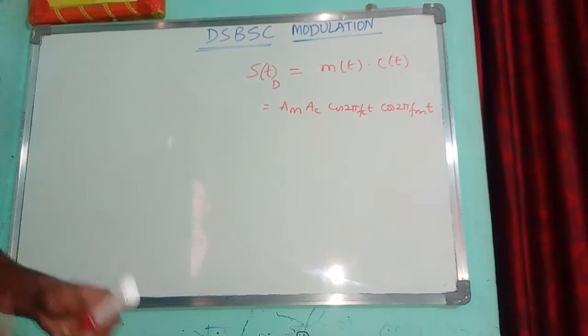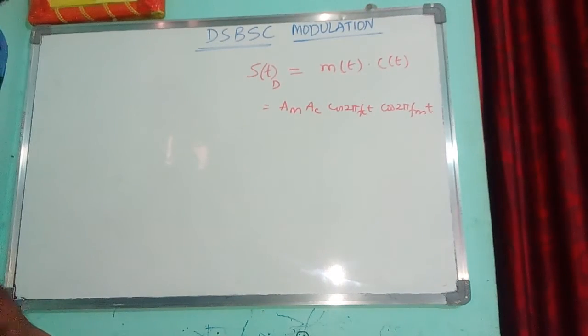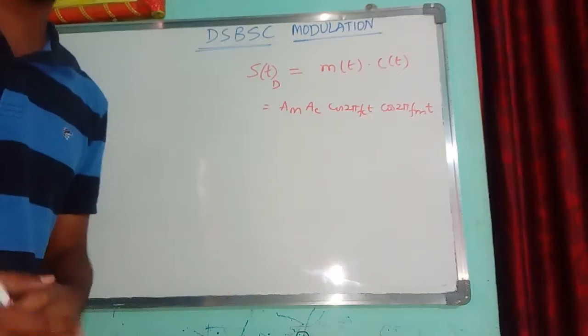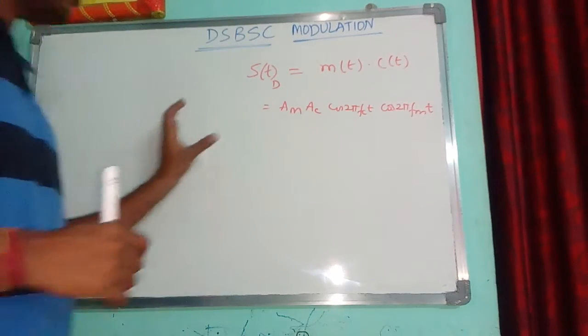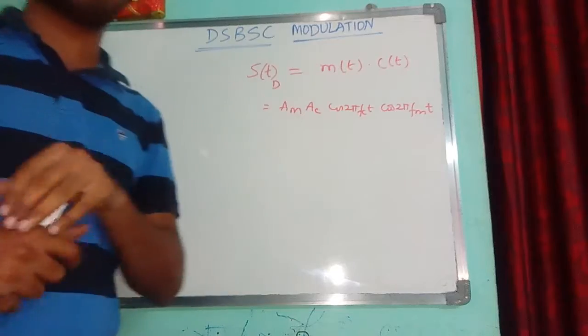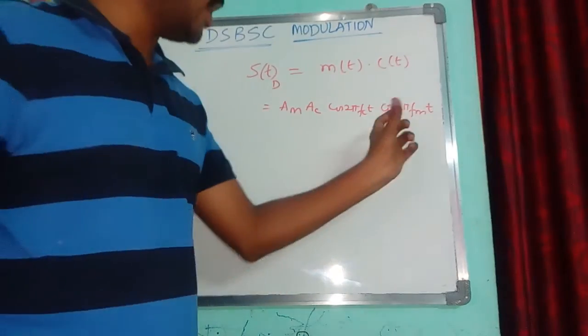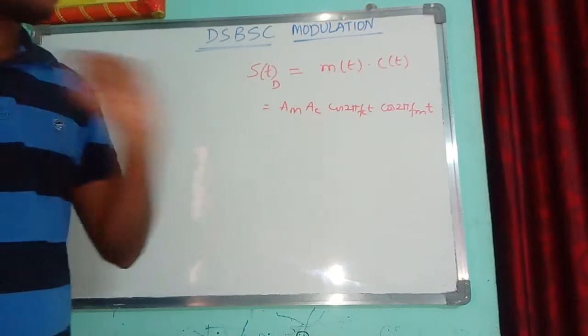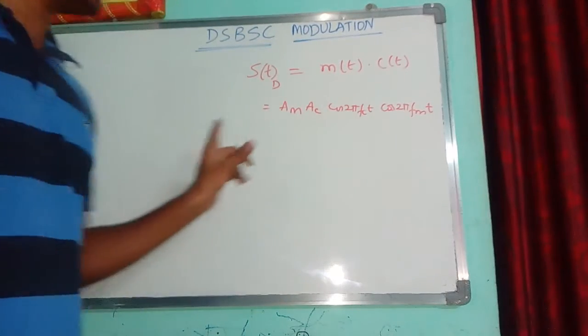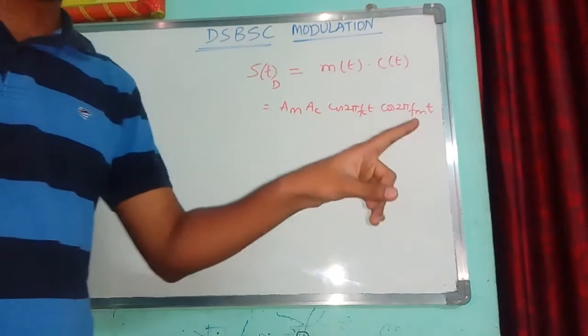I have considered both of the signals to be cosine signals. This is called single tone DSBSC modulation. When I am considering the message signal to be cos 2 pi fm t, I am only considering one type of frequency.